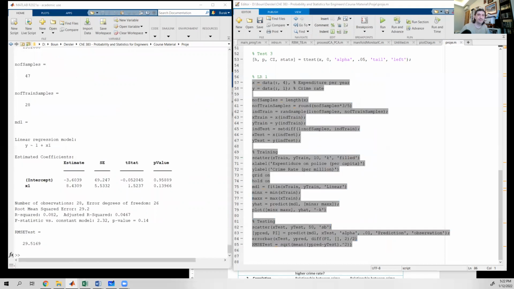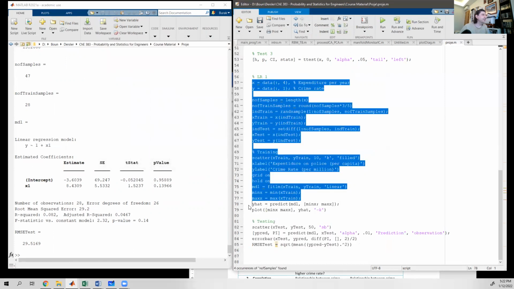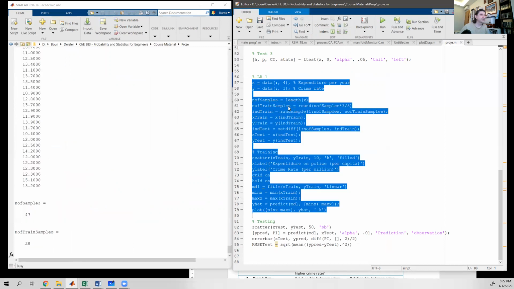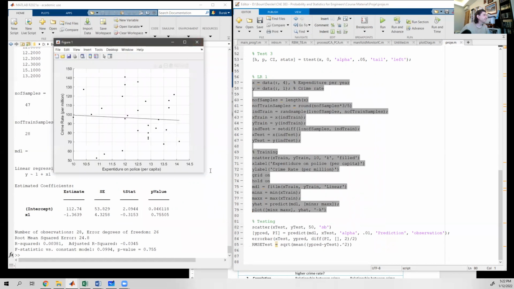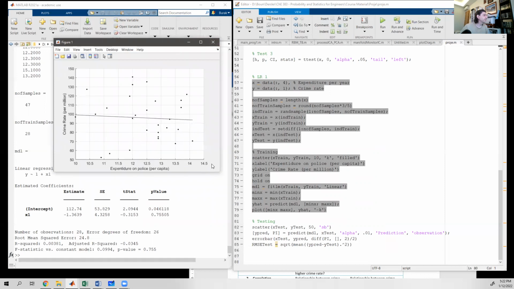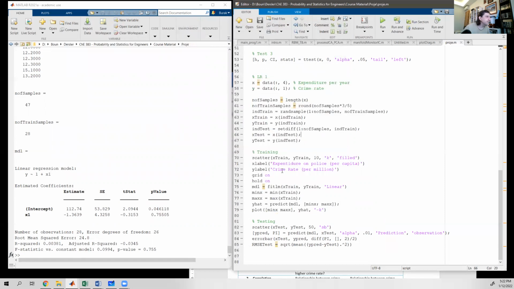All right. Let me first get rid of this, only concentrate on training. All right. First of all, the model, that is not expenditure on policy anymore. So get rid of this. Where is expenditure on policy?